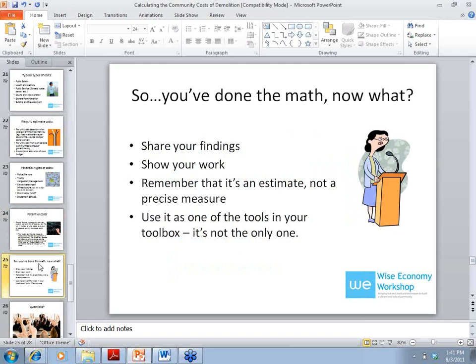So you've done your math. A couple of key things. Obviously, you're going to want to share your findings. You want to make certain that you show your work. One of the things that very frequently undermines economic analysis is when somebody says, well, this is going to result in $14,000 worth of new investment.